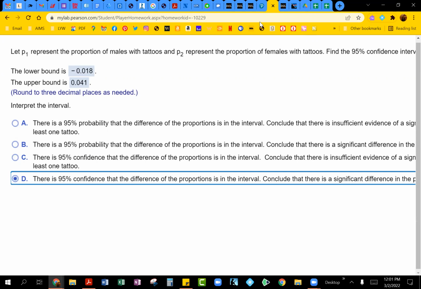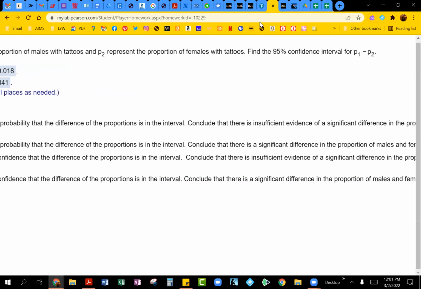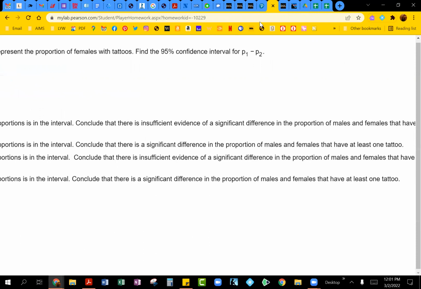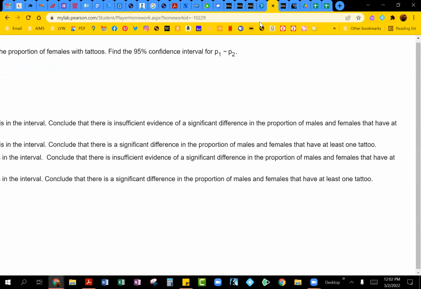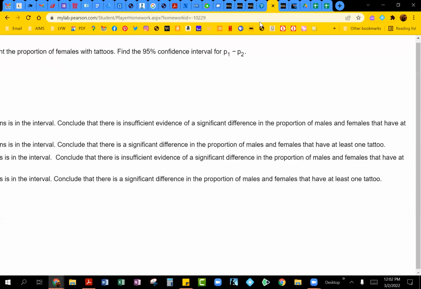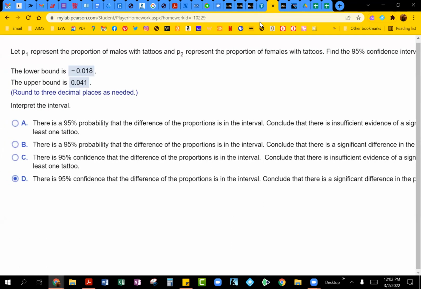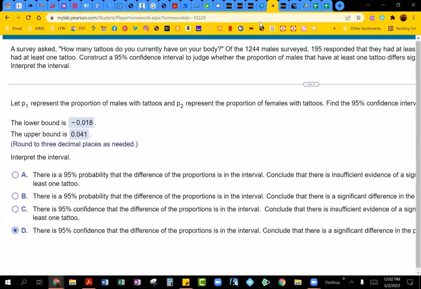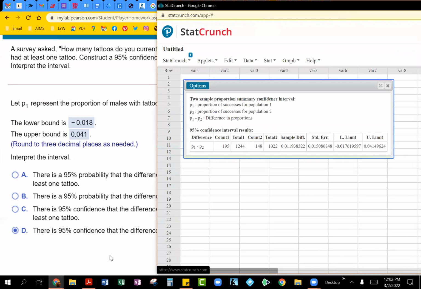Part D is saying there is 95% confidence that the difference of proportions is in the interval. Conclude that there is significant difference in the proportion of males and females that have at least one tattoo. So basically it comes down to, do you think you have enough evidence to support that there is a difference between the two parties involved over here, or there is not enough evidence?